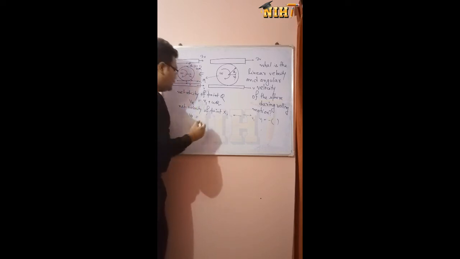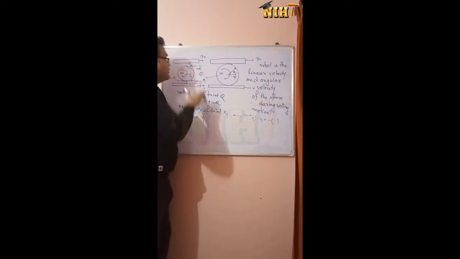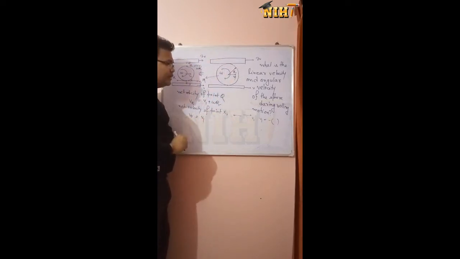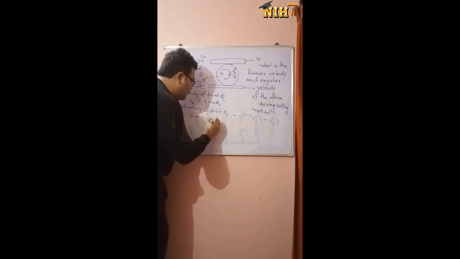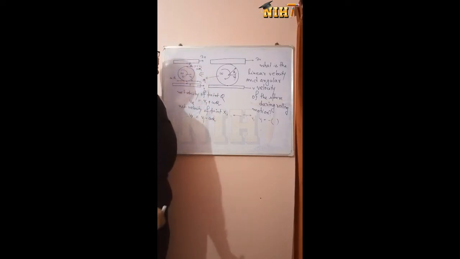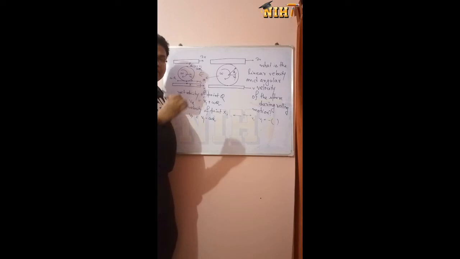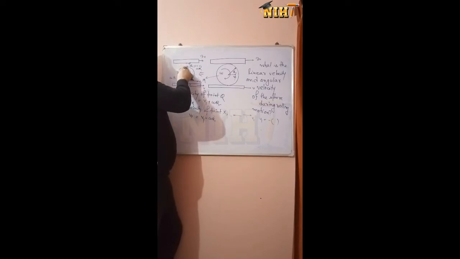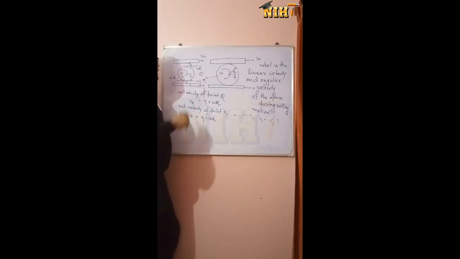What will be the net velocity? v1, because I have taken this direction as positive, so v1 minus omega r. Okay, but whenever rolling motion is happening, the main important point you have to remember is that these 2 points will have the same velocity, and these 2 points will also have the same velocity.